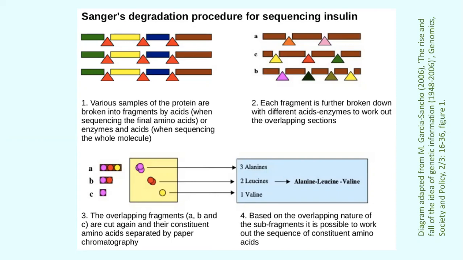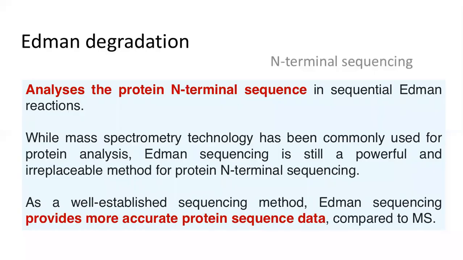Having a big amount of protein sample was a basic need, and you were losing your protein sample across this procedure. So people started thinking, how can we better use the protein samples we have to understand the amino acid sequences in the protein? And that is where the Edman degradation process comes into play.